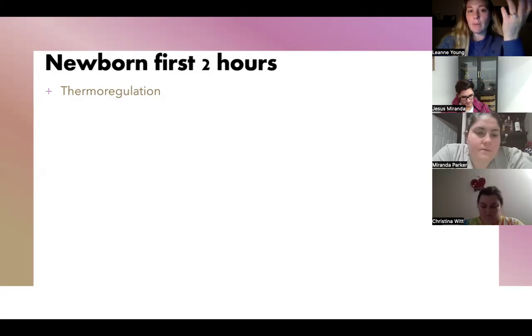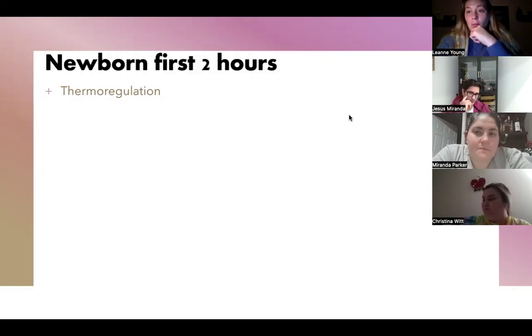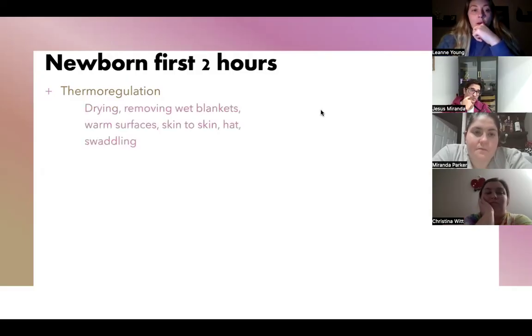So in the summer, these babies don't need blankets. And I've had it before where they'll be all bundled up in winter gear, ready to go home to the non-air-conditioned house, and you're like, no, no, let's not do that. So we need to educate patients big time on thermoregulation for their infant.